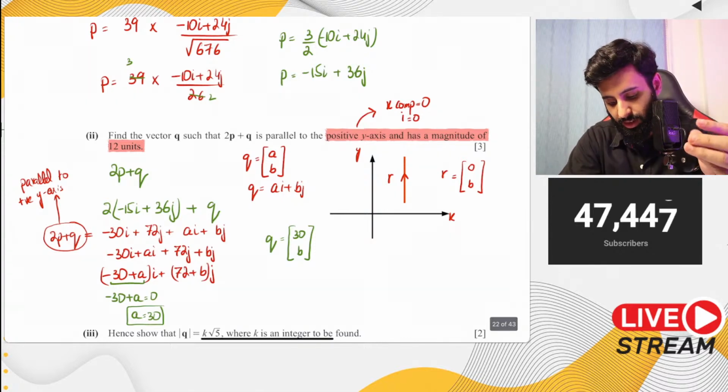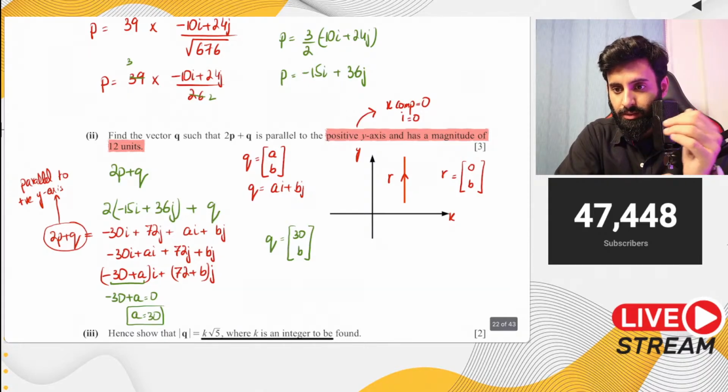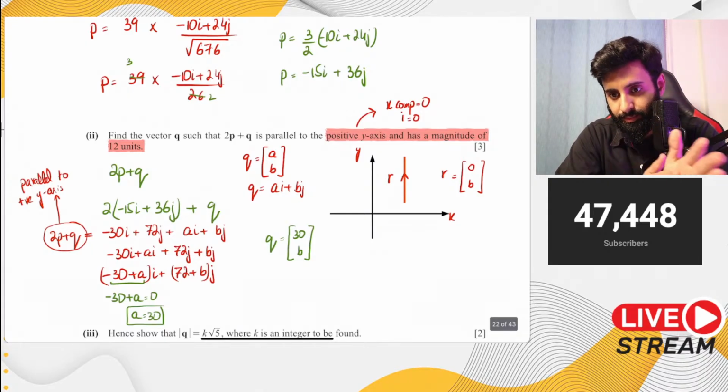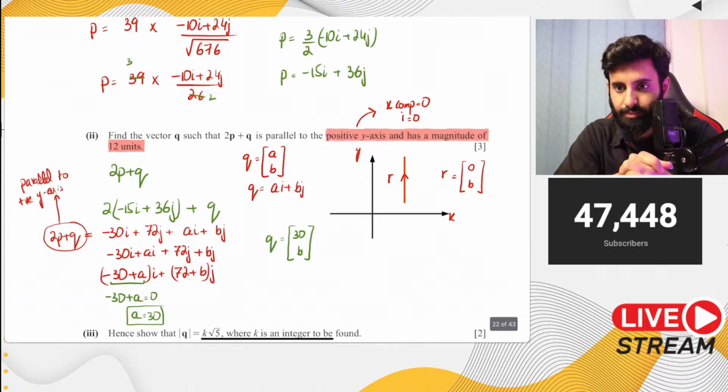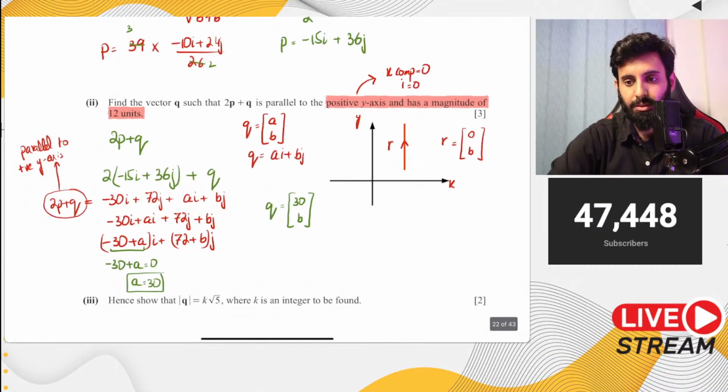What information can I use in order to find out b? A will be 30, yeah, that's correct. But what information can I use to find out the value of b?